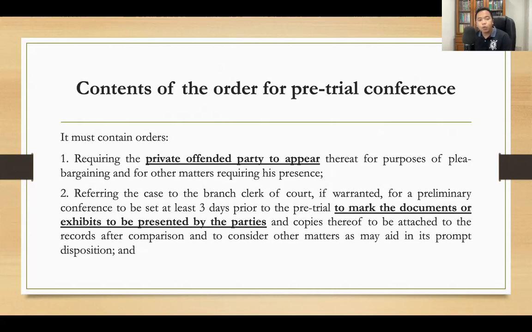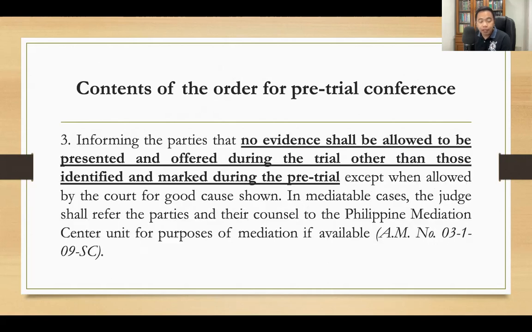Number one, the court will require the private offended party to appear, and then the court will direct the parties to prepare the documents for marking to be presented during the course of the trial. And it is an elementary rule that during pre-trial, no evidence shall be allowed to be presented and offered during the trial other than those identified and marked during pre-trial.